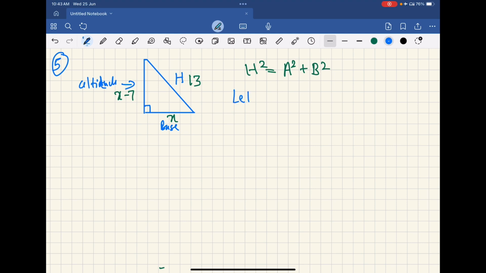So now let us first do the question with the steps. We will say let the base be x centimeters. Then according to the question, altitude is x minus 7 centimeter. Hypotenuse is given to us as 13.